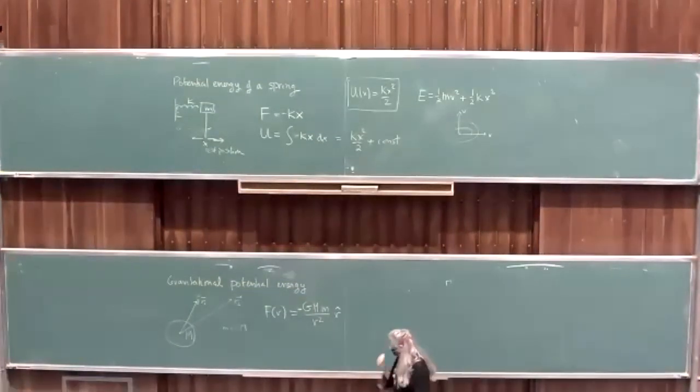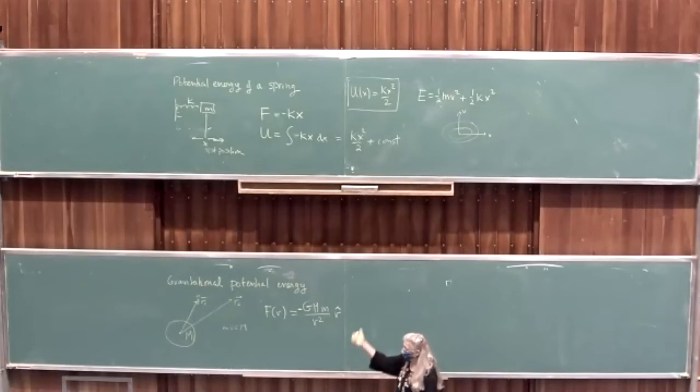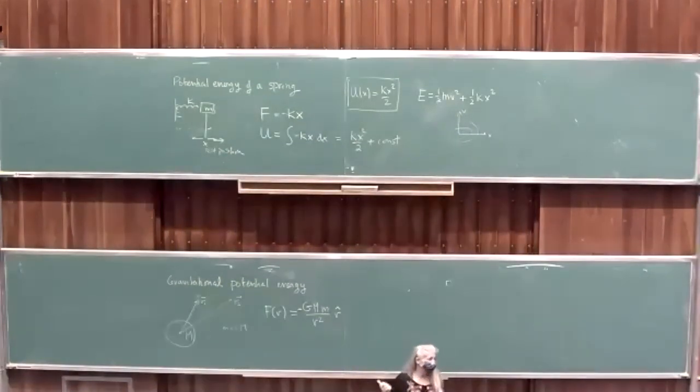So this is now a force in 3 dimensions, but we know that the force is radial, so the potential is only going to depend on the radius. We could work in cylindrical coordinates, or in spherical coordinates, and either way you can just write down the gradient.